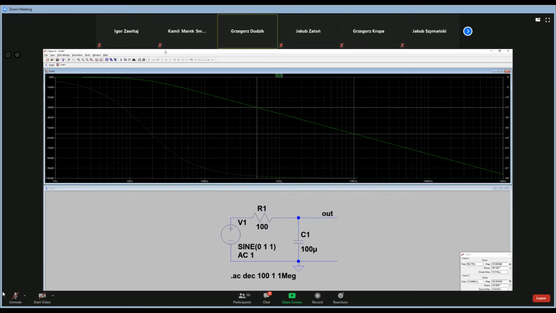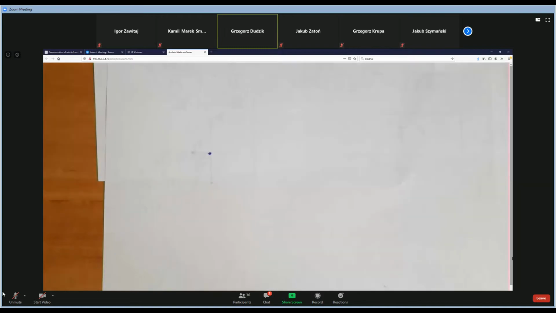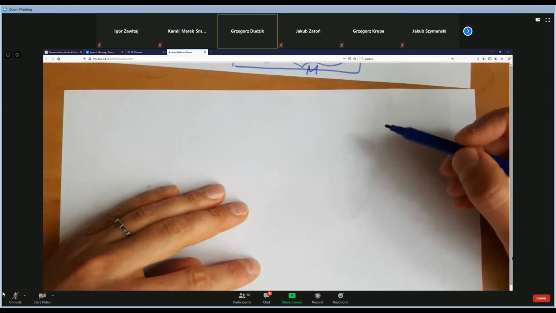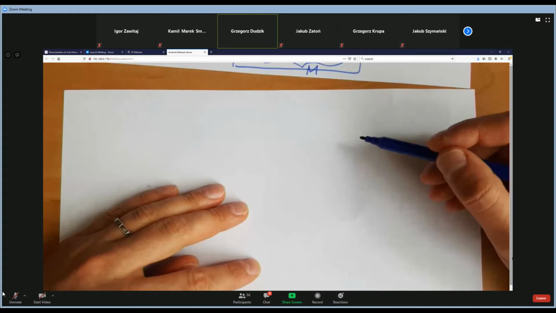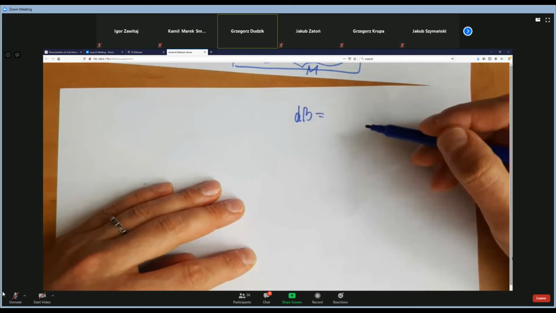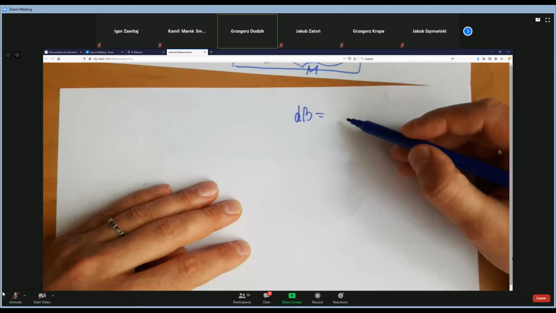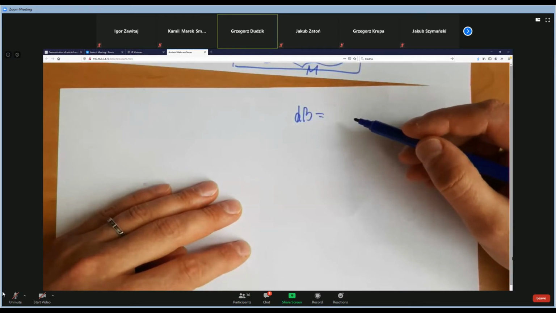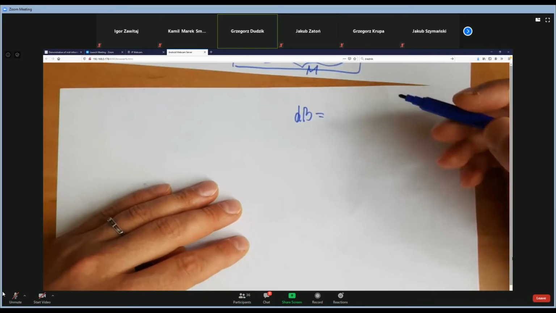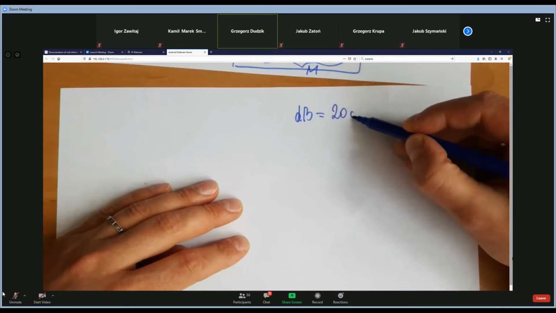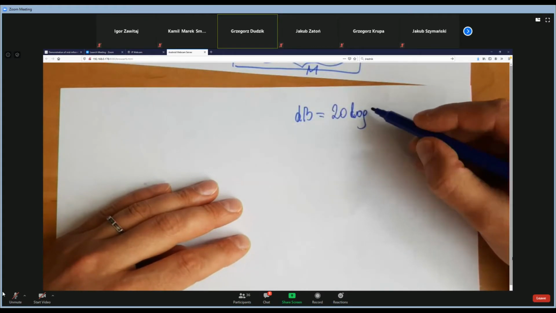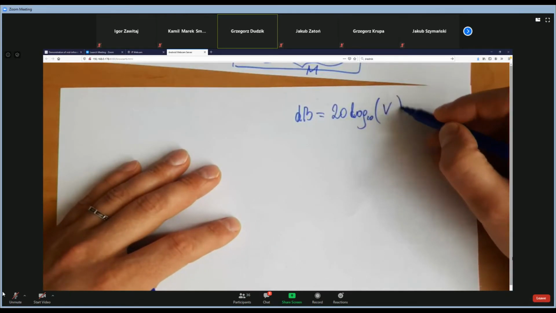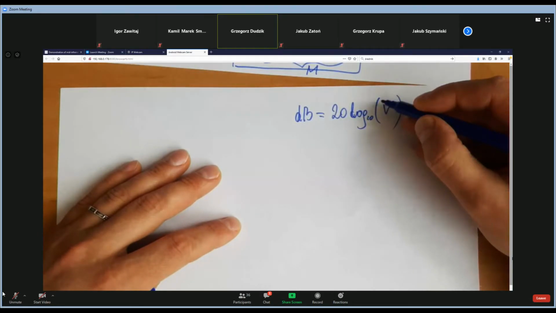Very simple. You have to know how we can convert from decibels to voltages and the opposite. For voltage signals, for electric values like voltage, current, and so on, not for power, the number in decibels is equal to 20 log base 10 of V, some value in voltages.